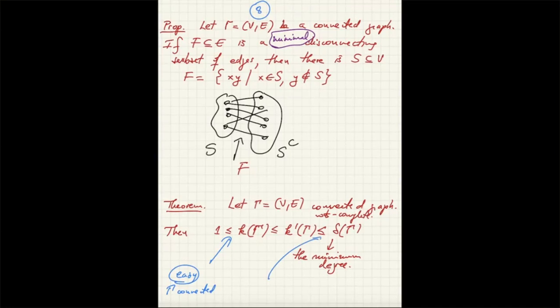And this inequality is also easy because take a vertex x in gamma with the degree of x equal to the minimum degree, and then just delete all the edges that are incident to that vertex, and you separate x from everybody else. So I'll just give you the proof that vertex connectivity is less than or equal to the edge connectivity.